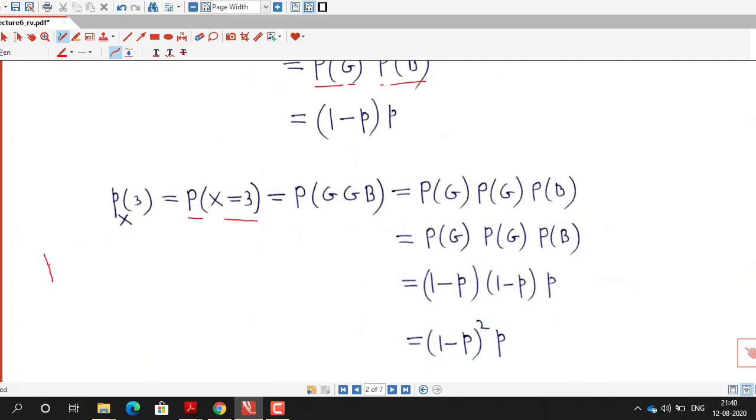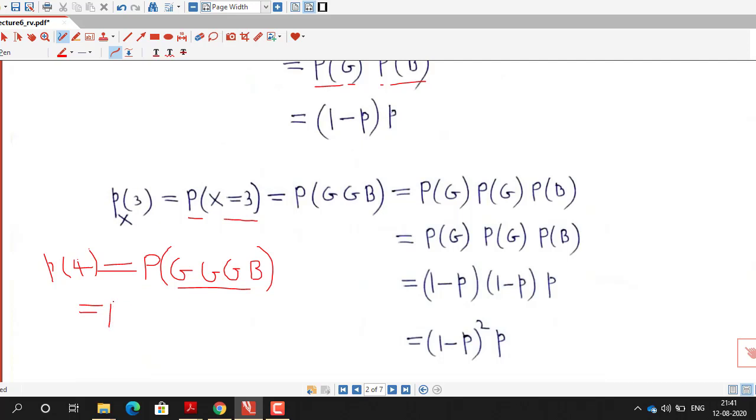Similarly, you can decide what P of 4 is. P of 4 means we observed a boy at the 4th observation. The number of births observed is 4 if and only if the first 3 are girls and the 4th one is a boy. If this happens, then only the number of births observed will be 4, because we observe until a boy is born.